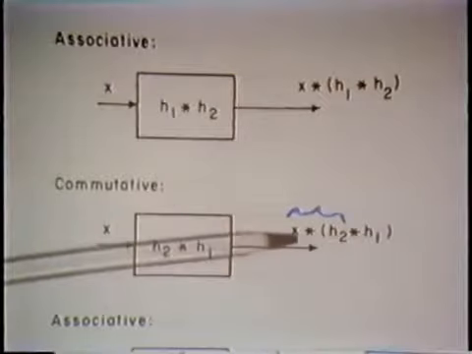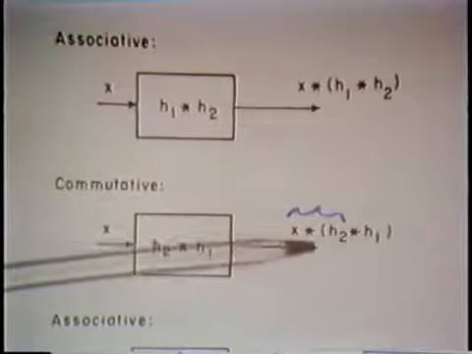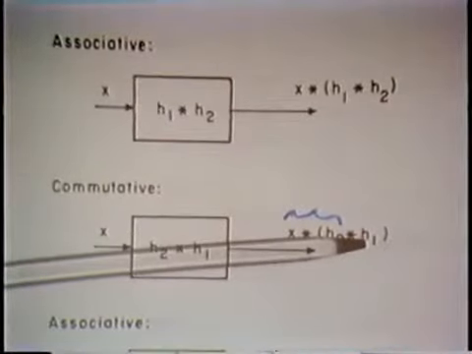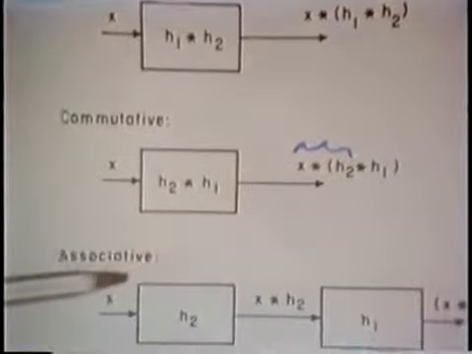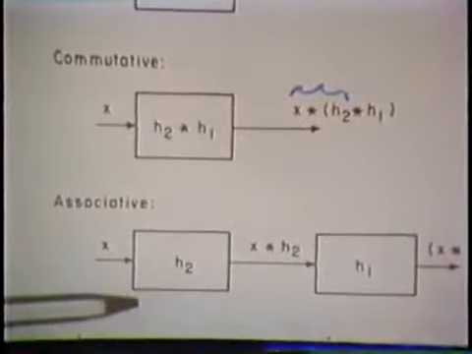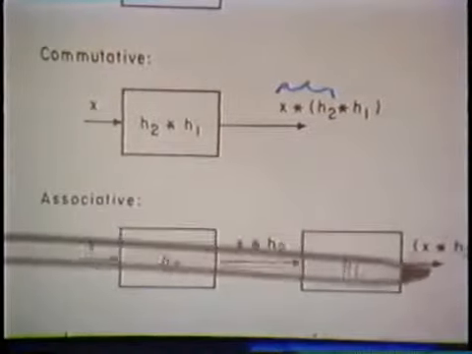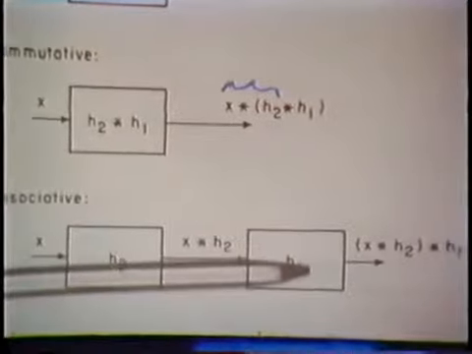And x convolved with h2 corresponds to putting x first through the system h2, and then that output through the system h1. And so finally, applying the associative property again, we can expand that system back into two systems in cascade with h2 first and h1 second.